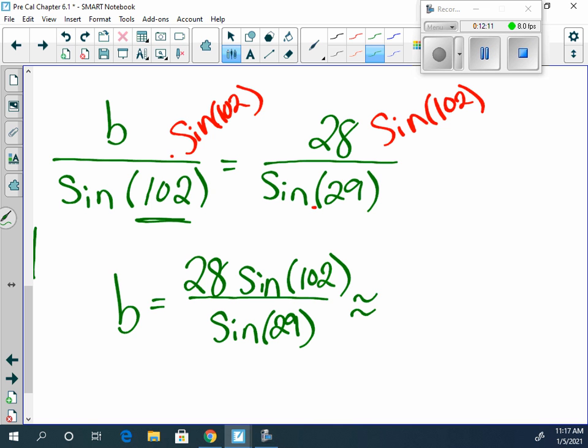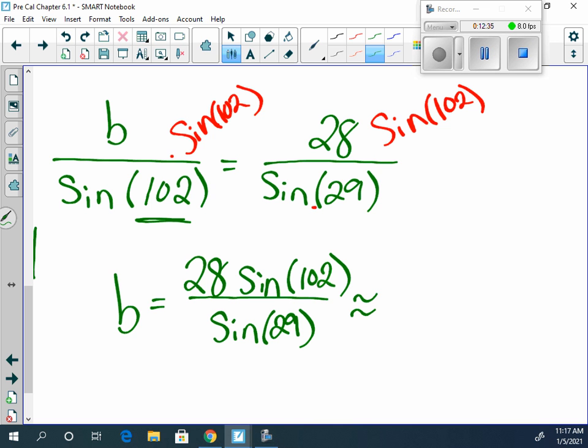Now, you already had most of this plugged into the calculator, didn't you? Because in the calculator, memory is up top, isn't it? So if you cursor up and highlight that and hit enter, it'll bring it down. It'll copy it back down. That's why I used the 28 over sine of 29. I already have it in the calculator.